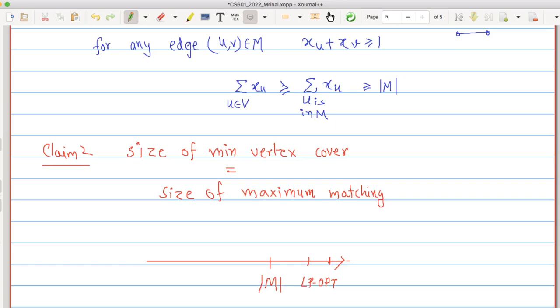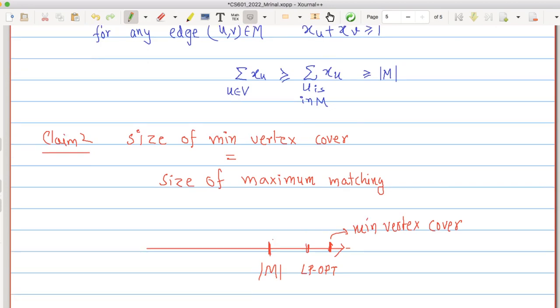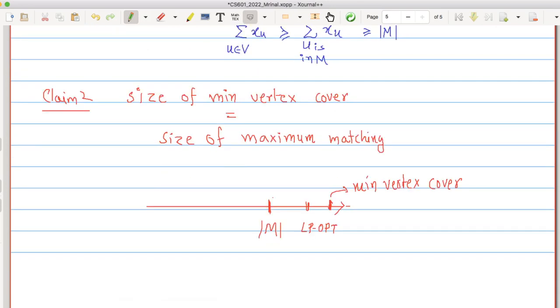But on the other hand, we are saying that the minimum vertex cover size is exactly equal to the maximum matching size. So we are saying that these two points are actually equal. That means all these three points are equal. That in turn implies that LP optimal is exactly equal to the minimum vertex cover.